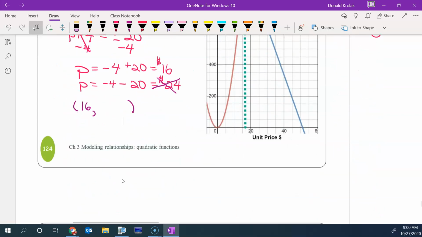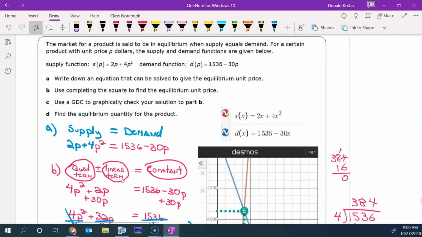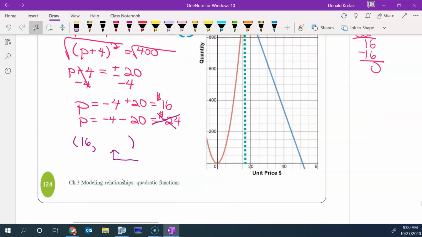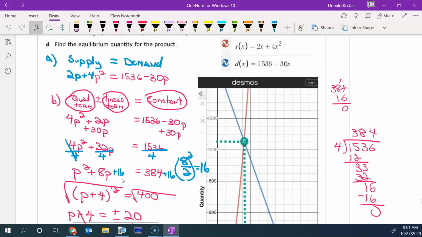Okay, so I'm going to take the 16 and just plug it into the second equation. It's a little simpler. So 1536 minus 30.